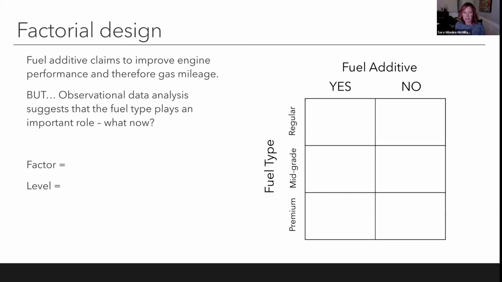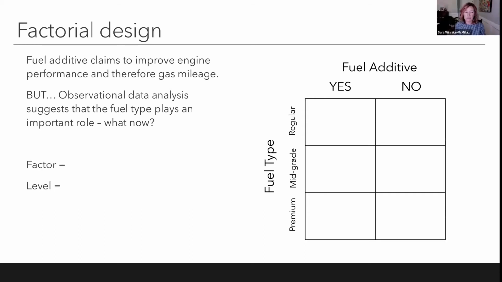Would it be the type of fuel with the additive? Right. So a treatment would be regular fuel plus fuel additive, regular fuel plus no fuel additive. So each little box is a different treatment. So in this case, you have 6 different treatments.